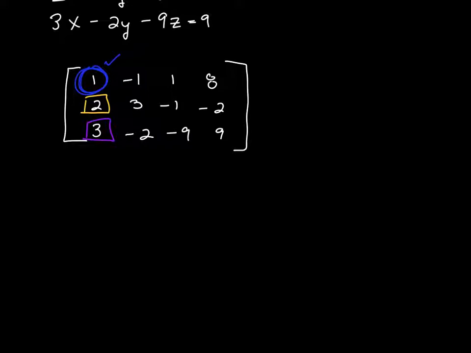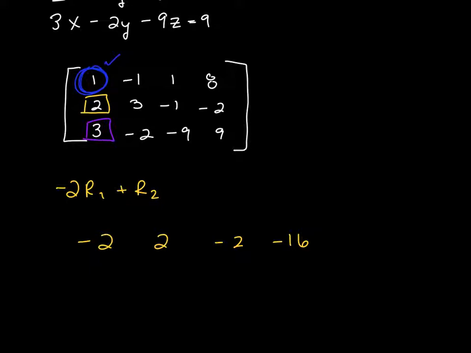So I'm going to go ahead and take -2 times row 1 and add that to row 2. When I get this, I will go ahead and replace this with row 2. So -2 times row 1 gives us -2, 2, -2, and -16.